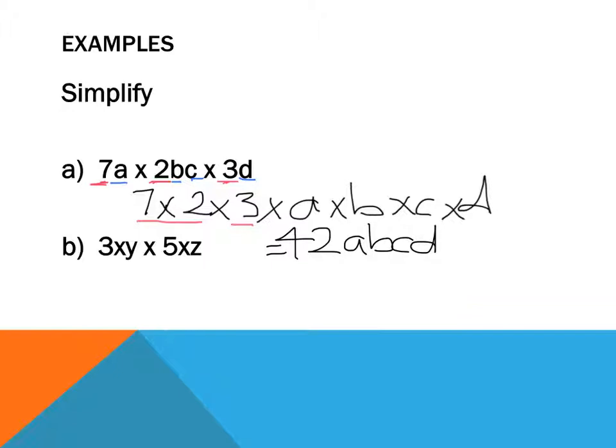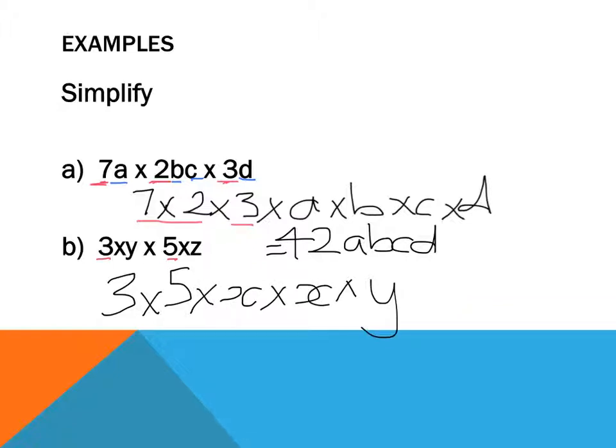Then when I have a look at this next example, I've got a 3 and a 5. So 3xy multiplied by 5xz is the same as saying 3 multiplied by 5 multiplied by x multiplied by x multiplied by y multiplied by z. And I move left to right. 3 multiplied by 5 is 15.